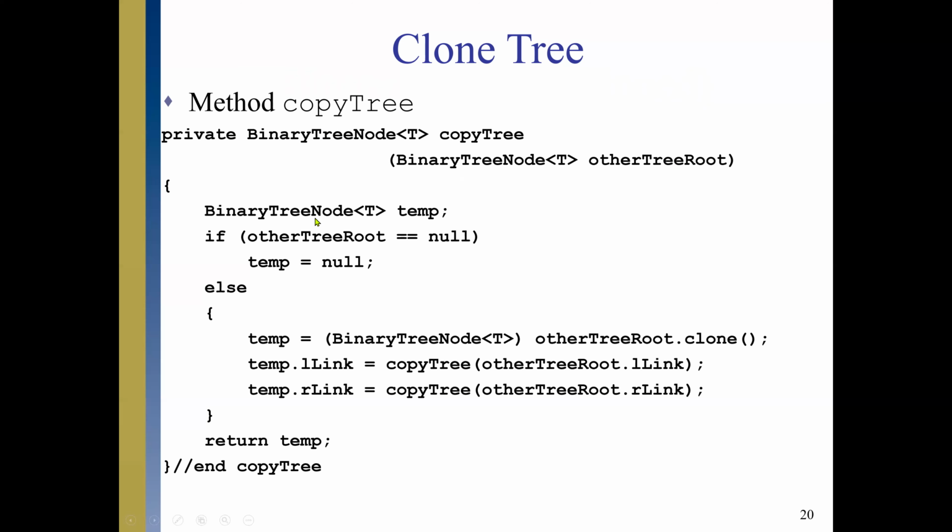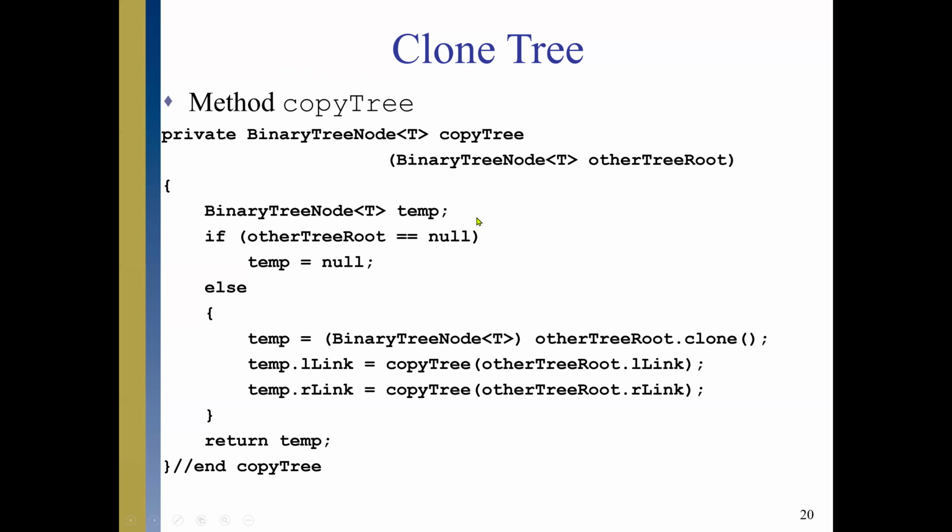Now here we declare a temp variable, which is also of type binary tree node. And we are saying that if the otherTreeRoot is equal to null, because we are copying items from one tree to clone it, so if there's nothing to clone, then we assign null to temp.